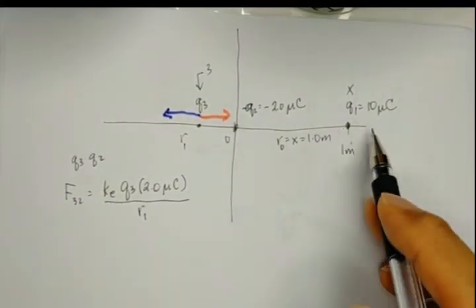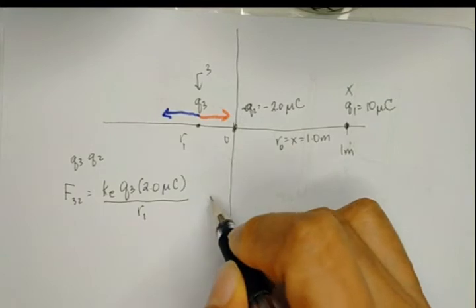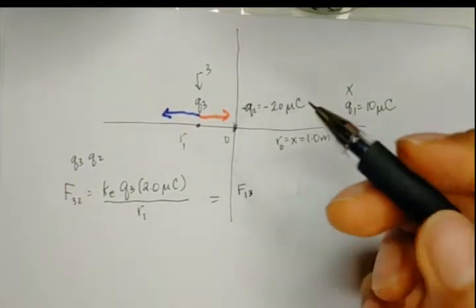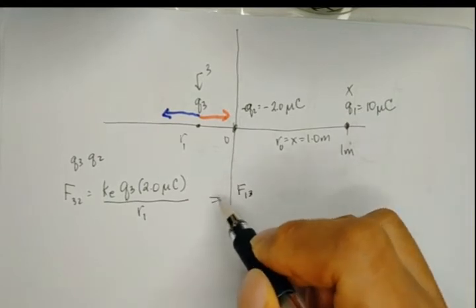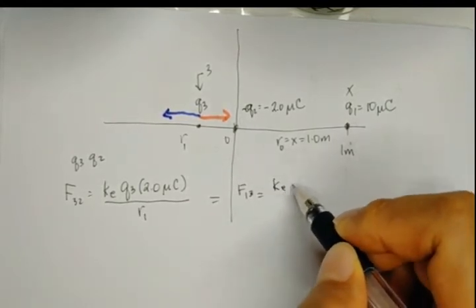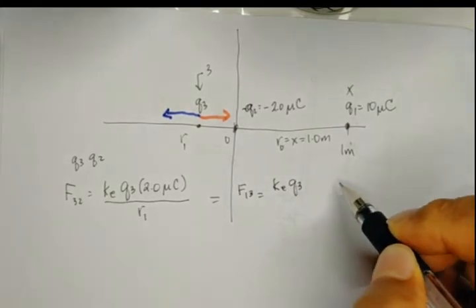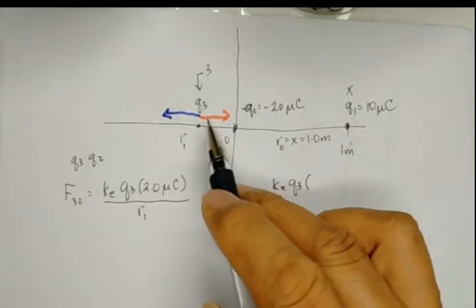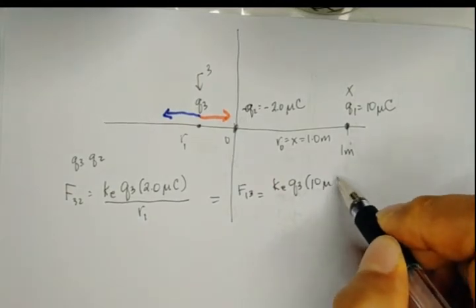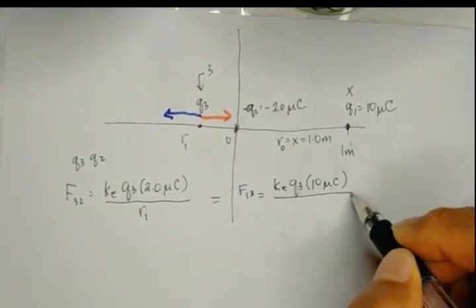On the other hand, ano yung effect naman ng equal daw siya sa F13 o F31, no? In that case then, this F13 is equal to K sub E pa din, Q3 pa din, pero times Q1. Since again, na-assign na yung direction, we will not write anymore, we just write the value.